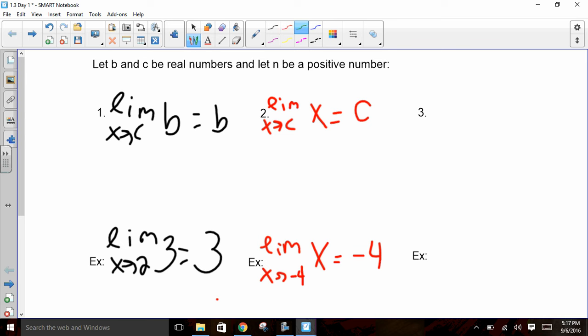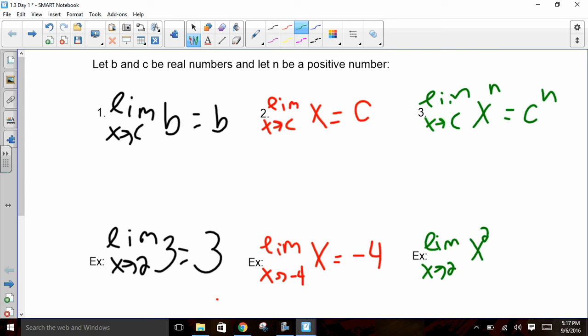Last one, if I'm looking for the limit as x approaches some number of x to a power, then likewise I plug that number in and take it to that same power. So say I was looking for the limit as x approaches 2 of x squared. Well, I'd plug in that 2 for my x value, and it's still to the second power, so 2 squared ends up giving me 4.